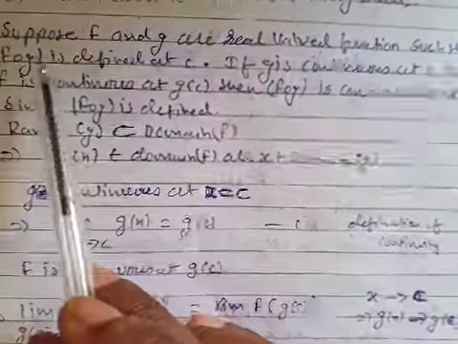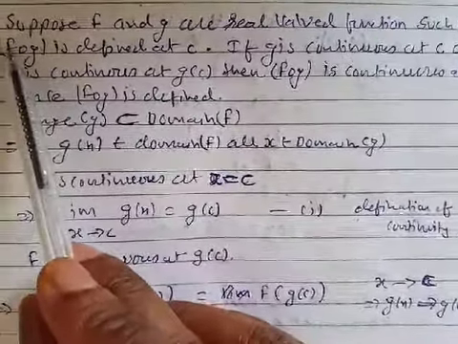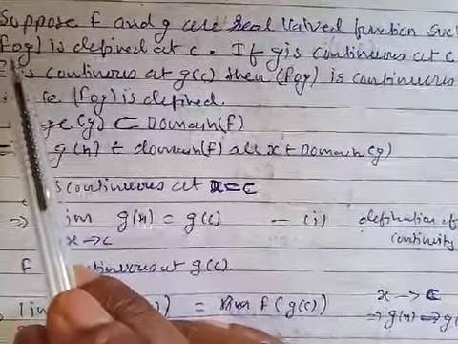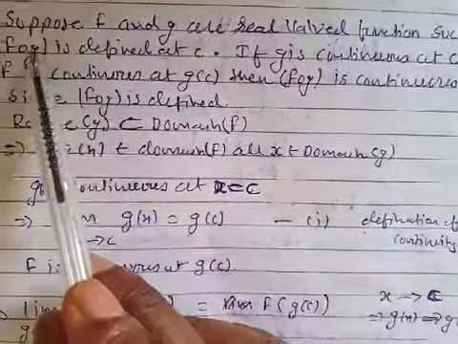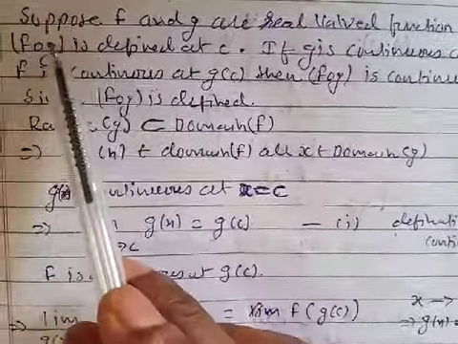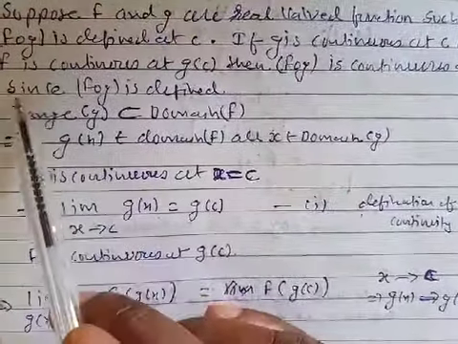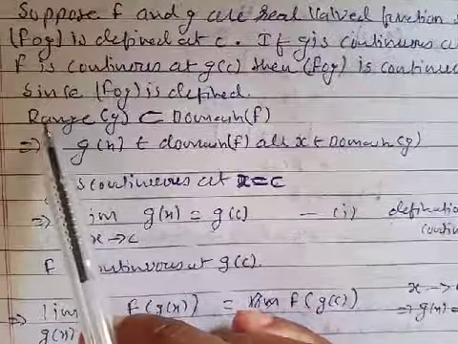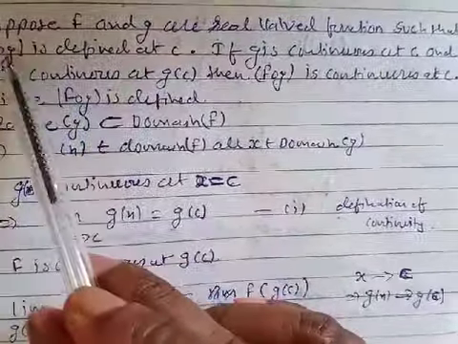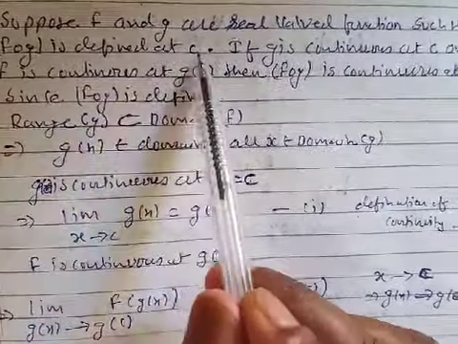It means that all the range of g is included in the domain of f. Is it? Okay. So what we understand first is that f of g is defined at c.